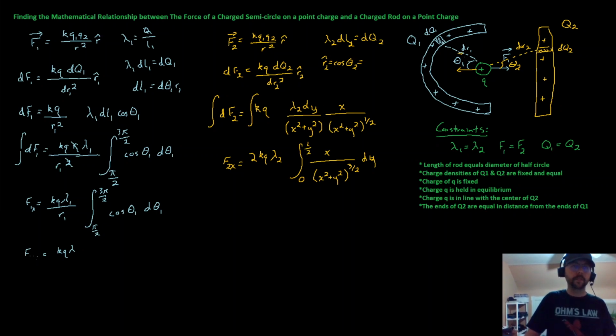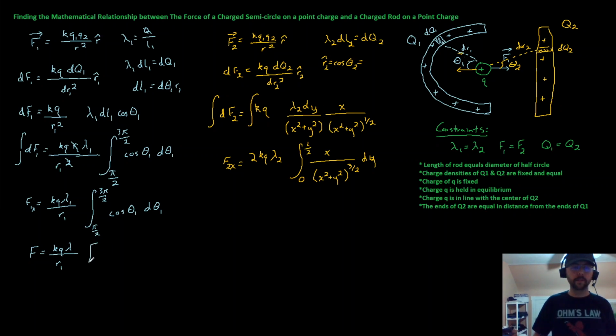So let me just erase all that. So we have the force is equal to k q lambda over r sub 1. The integral, actually I don't need that there. So this is really easy to solve.